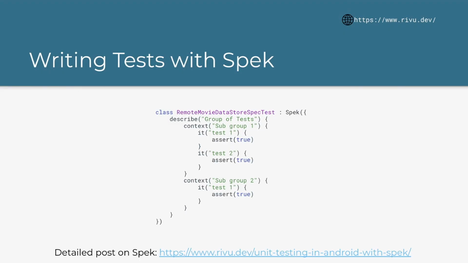So this is one of the ways you can write Spek. There are other styles of writing DSLs with Spek. I talked about all the DSL formats or styles available with Spek in detail in my blog. The link is below, so you can go there and find it.